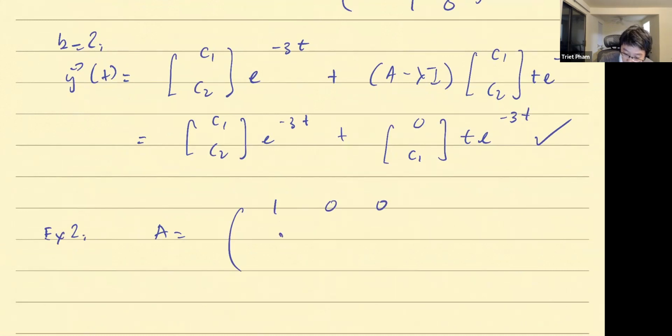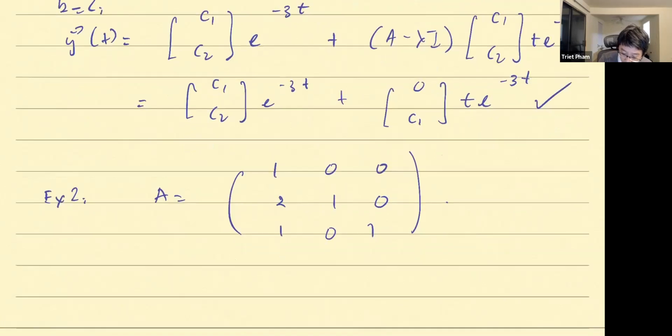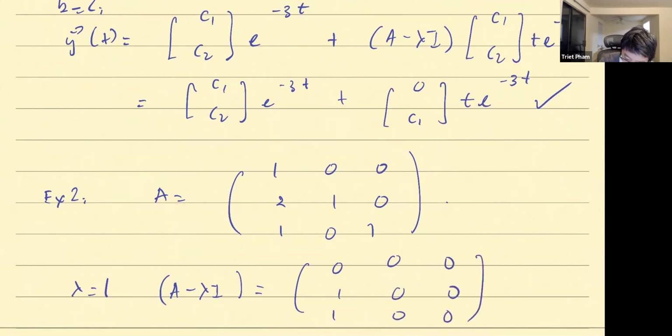What was it? 2, 0, 1? No, 2, 1, 0, right? And then 1, 0. Okay, so lambda equals 1, right? And A minus lambda I is equal to 0, 0, 0, right? 1, 0, 1, 0, 0. Sorry, what am I saying? 2.